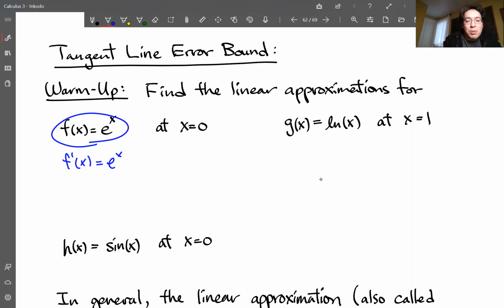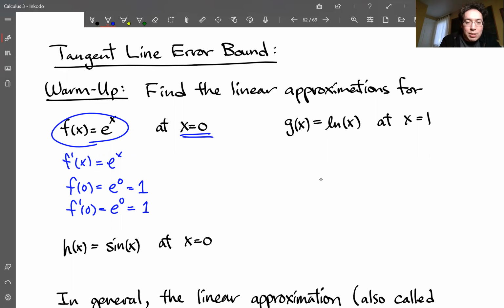And I want a tangent at x equals 0. So to do that, I'm going to have to look at the function value at 0. So if I plug in, e to the 0 is 1. And the slope there at the point where it's tangent is also 1.